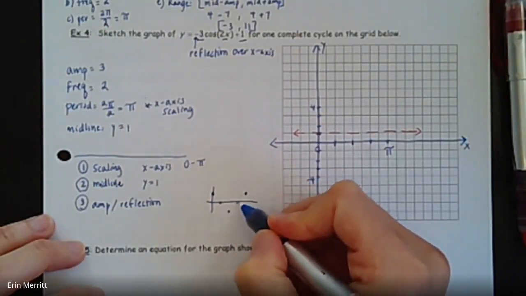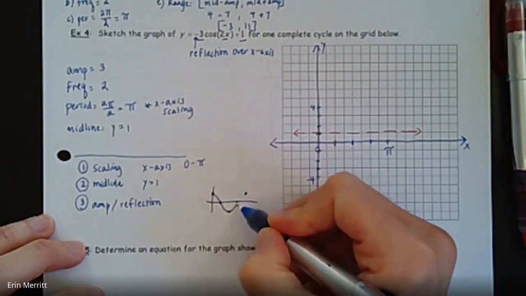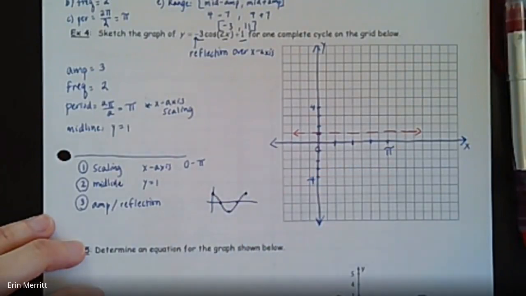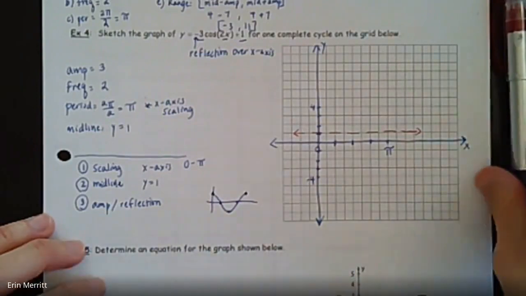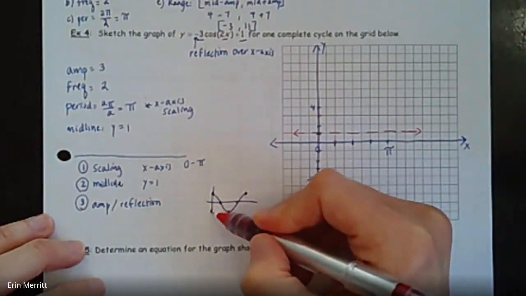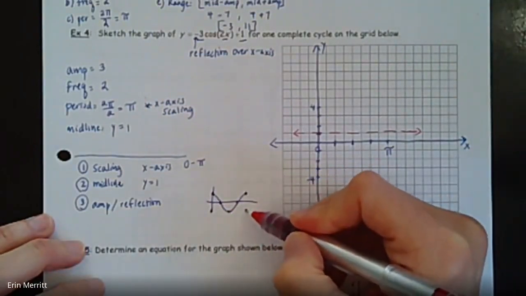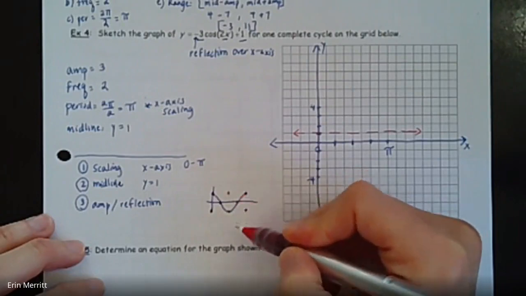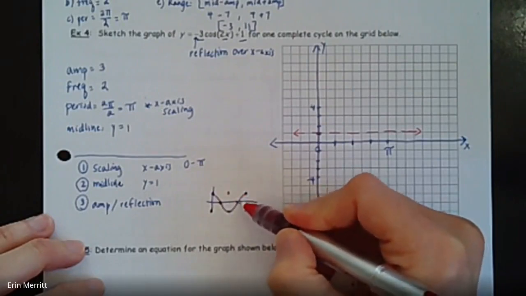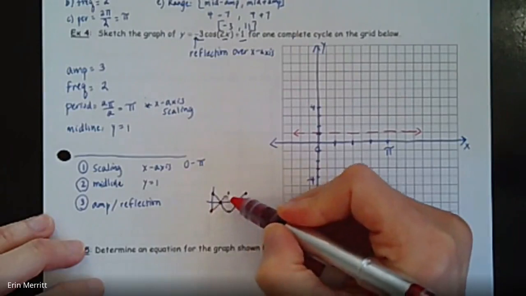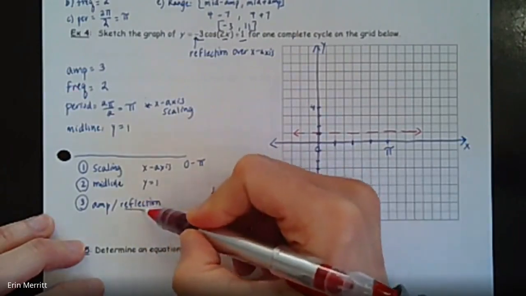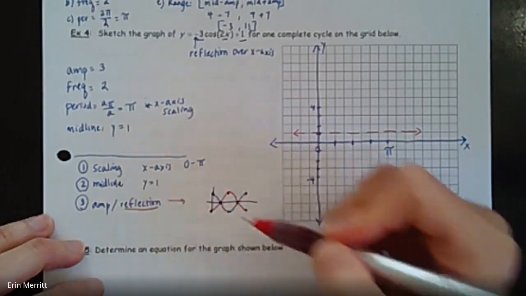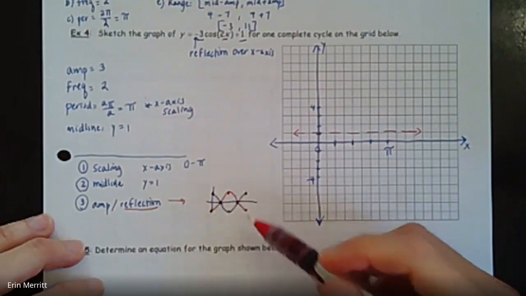Halfway between, it's on the midline. There's a basic cosine graph. This baby is going to flip over. So it's going to start below the midline and finish below. Dead center, it's going to be above the midline, but it's still going to hit the midline halfway between. So because of our little reflection, I'm thinking about it in terms of my little red graph here.